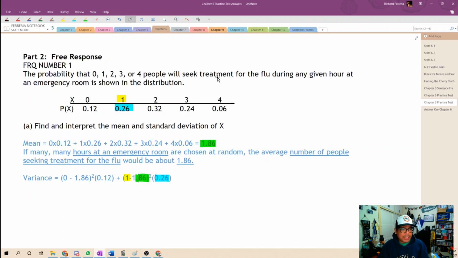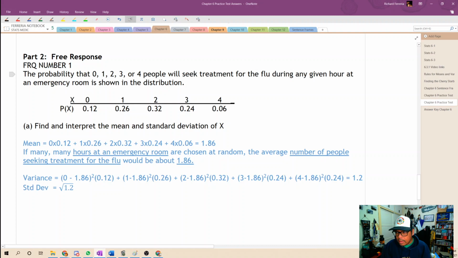And then we're just going to continue this. And that's going to give me a variance of 1.2. And then, of course, the standard deviation is the square root of 1.2, which is 1.096.